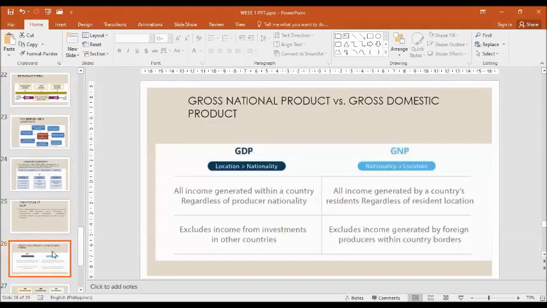Here we will compare the GNP to the GDP.